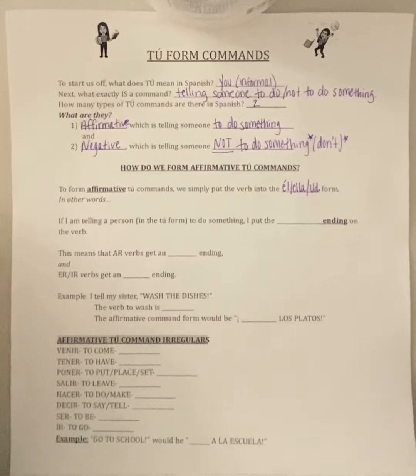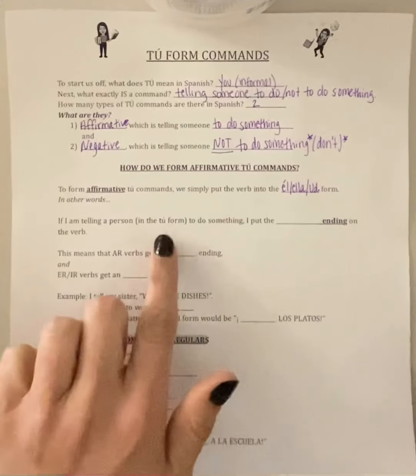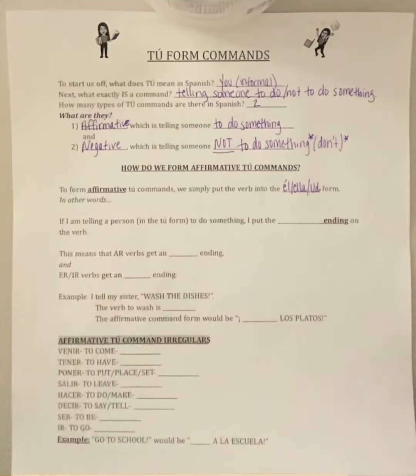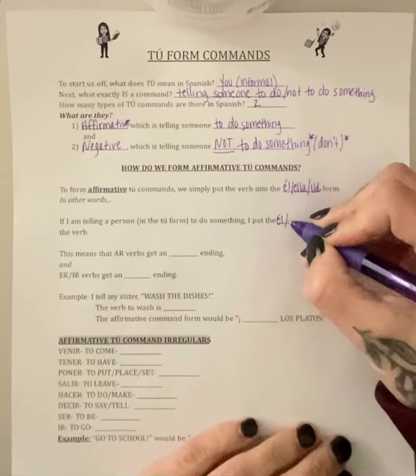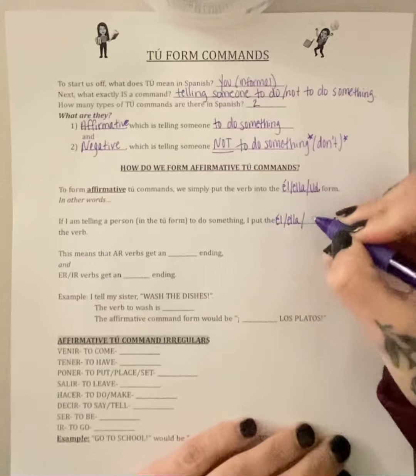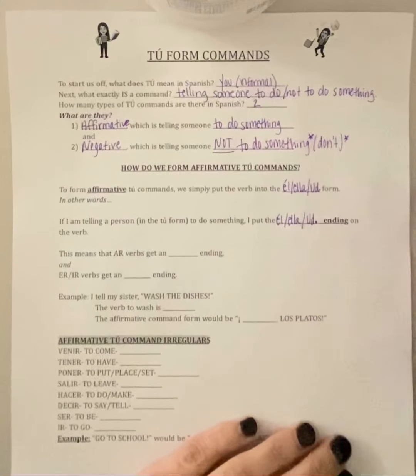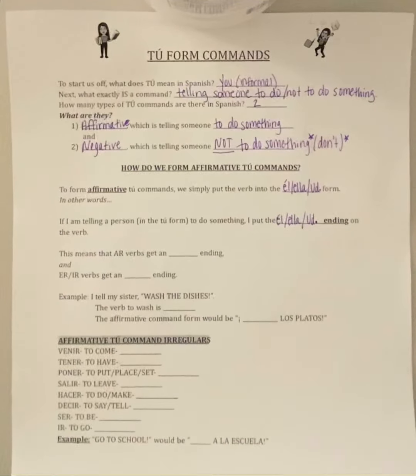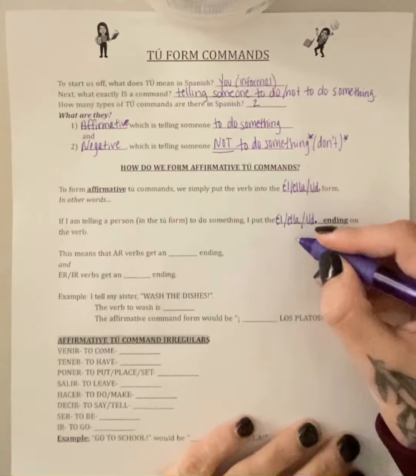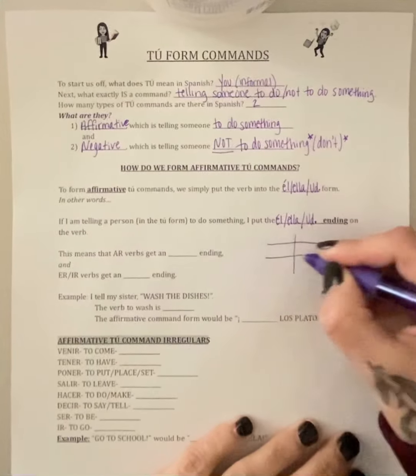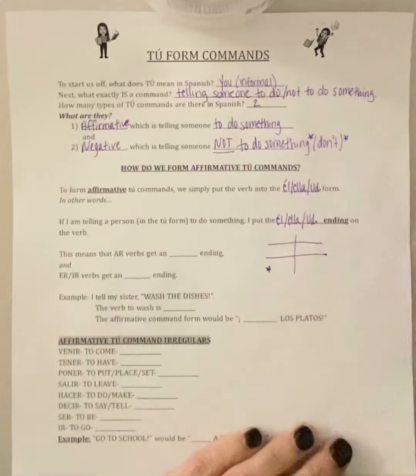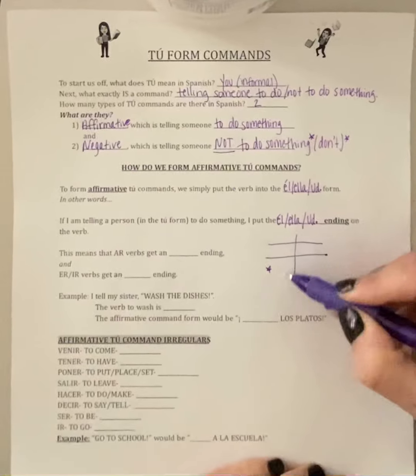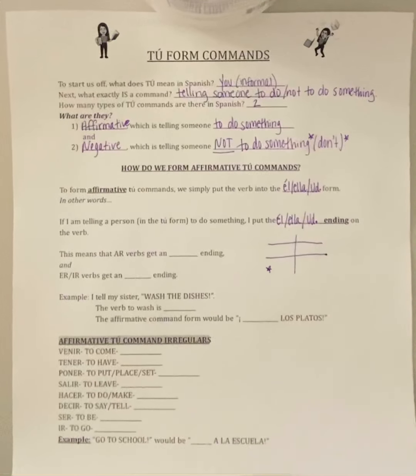In other words, if I am telling a person in the tú form to do something, I put the él, ella, usted ending on that verb. So in the space below, let's do a chart here, and I'm just going to star that is the ending that we put on our verb.